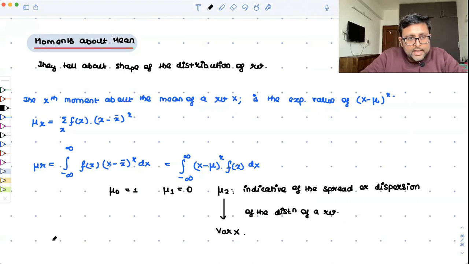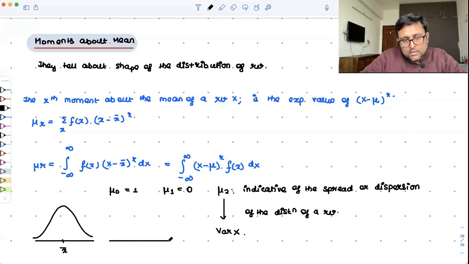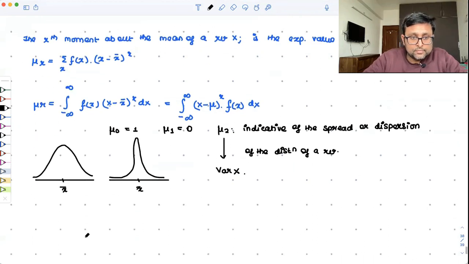So supposedly I have one distribution like this. Let me just draw this. So this also has the same mean, x bar, right? Or I can also have the distribution like this. This also has the same mean x bar, but they're very different distributions.